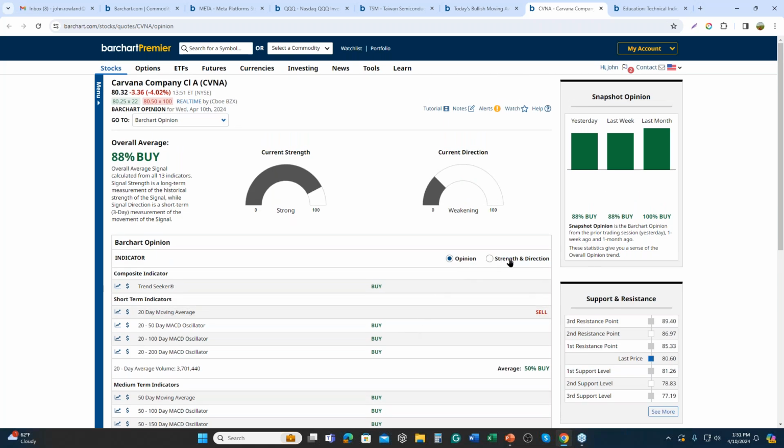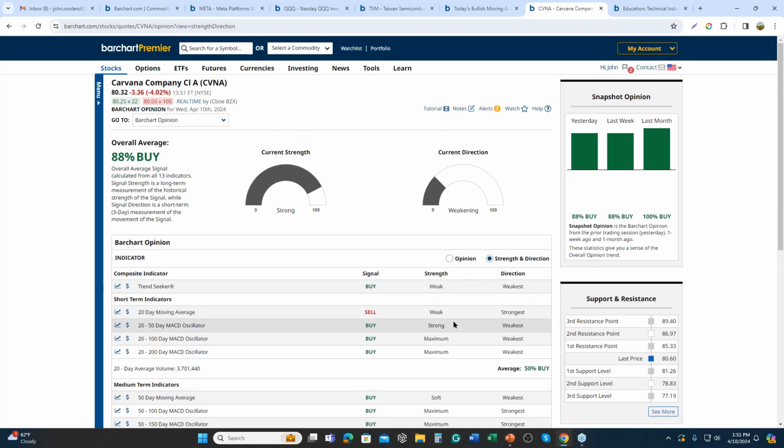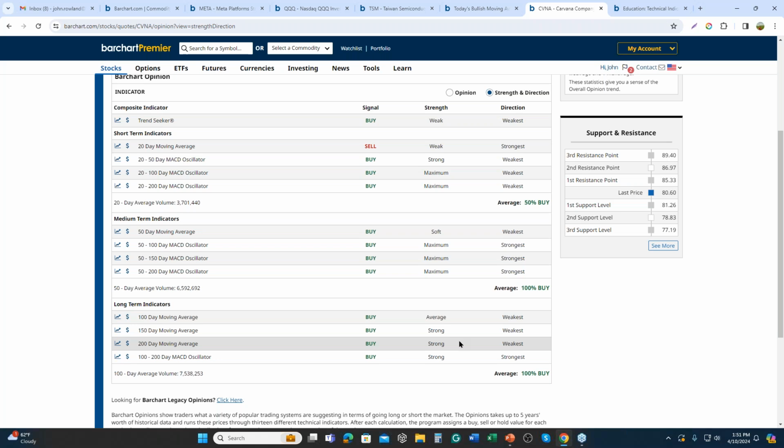What we can also do is look at something called strength and direction. These are ways to look at the momentum of our different moving averages. There are several webinars in our archives that go into a lot more descriptive analysis of how you can use Barchart opinion and Barchart strength and direction.